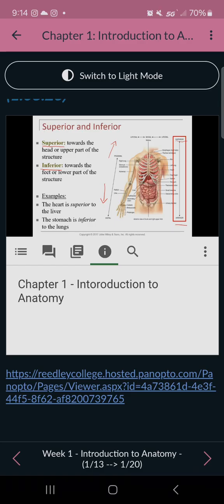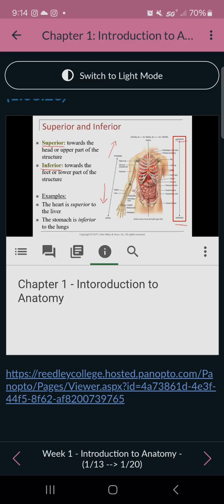Let's look at some examples. For example, here this is the heart, and the liver is here. The heart is going to be superior to the liver because the heart is closer to the upper body, to the head, whereas the liver is found at a lower level than the heart.